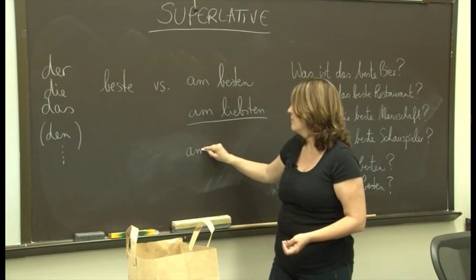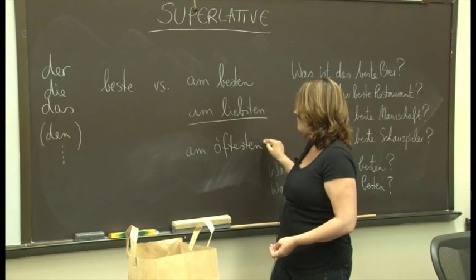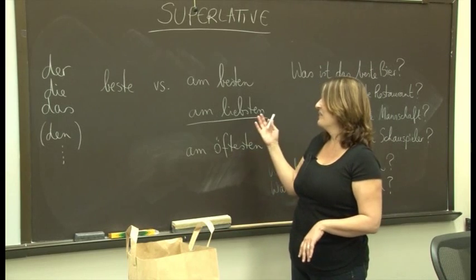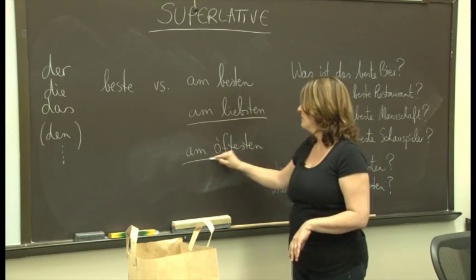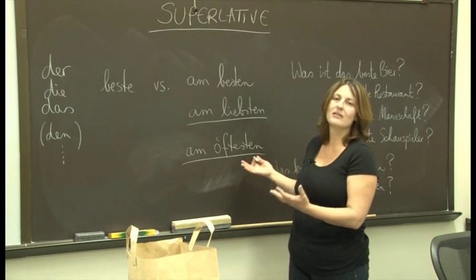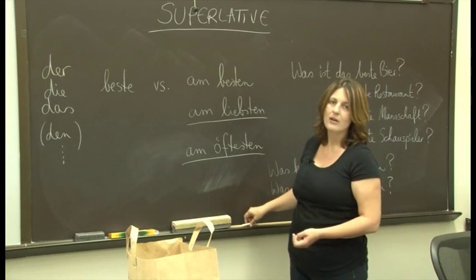Und ich gehe am öftesten. Am öftesten in die Kneipe, ja? Okay, good. Also, these two, obviously, and these are just examples, but if it's an adverb, of course, we only have the adverb form and not the other.